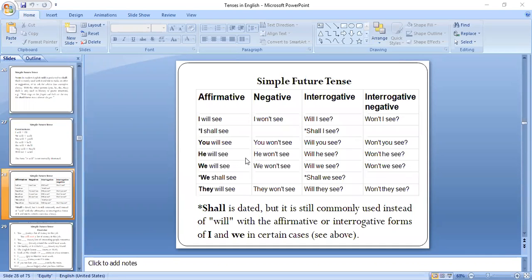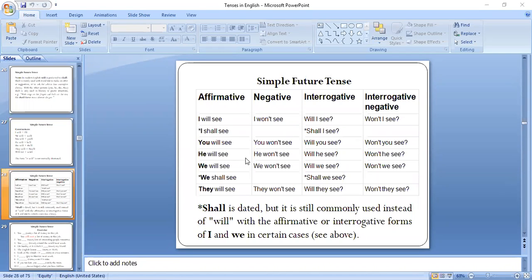Its interrogative will be shall I see? And its interrogative negative will be shan't I see? So this is the simple future tense and its four sentences.